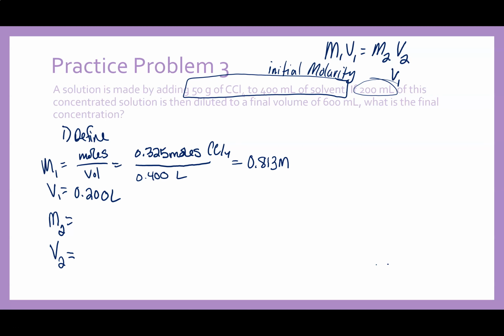It says if this 200 milliliters of this concentrated solution is then diluted, so now we're talking about final stuff, to a final volume of 600 milliliters. So I'm going to put that in down here. The next question says, what is the final concentration? So that's M2.